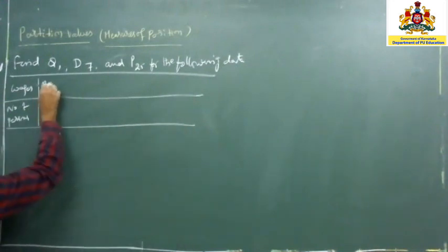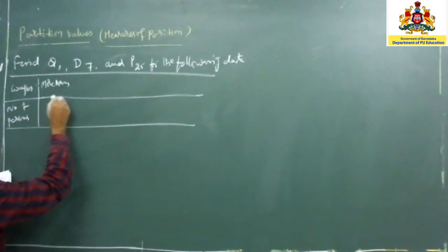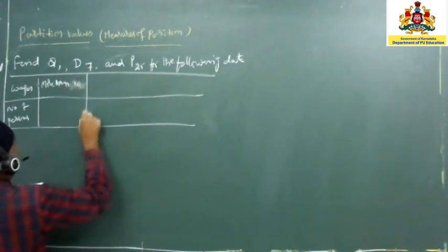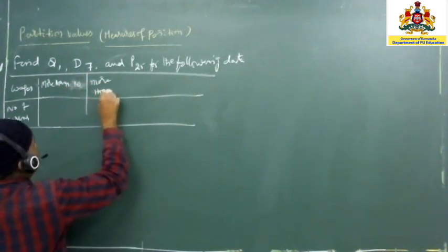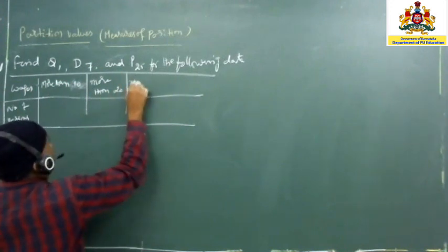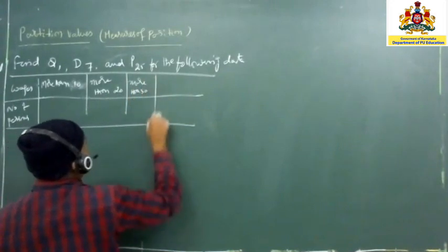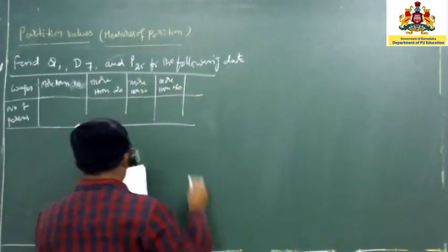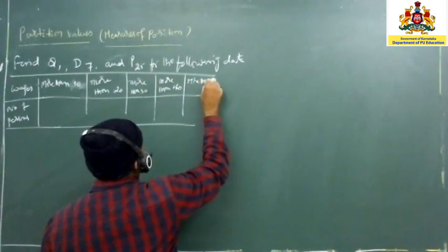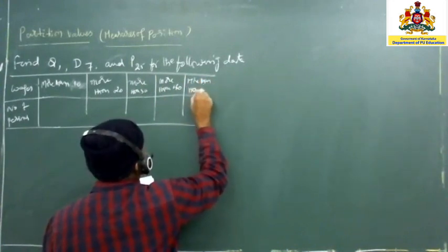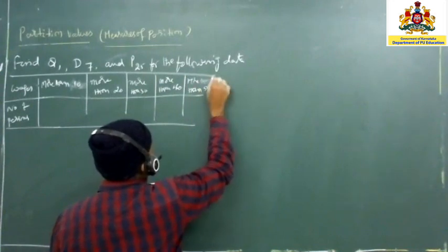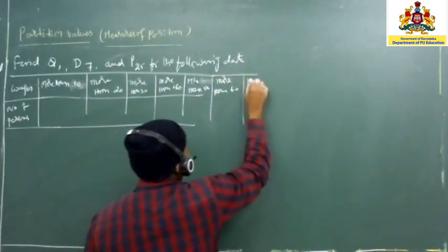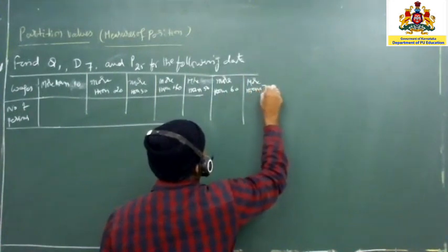Now here: more than 10, more than 20, more than 30, more than 40, more than 50, more than 60, more than 70.